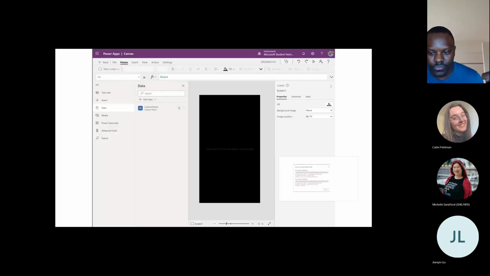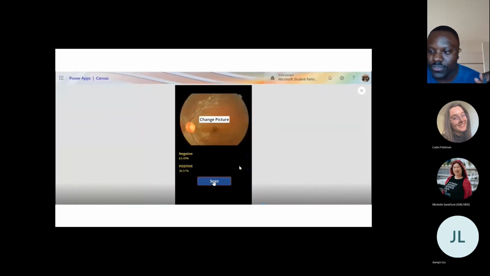In this simpler case, they just said negative and positive. Once you upload the picture and hit scan, it outputs the test, whether it's negative or positive, and then the score. In this case it comes out as negative, 63.49.